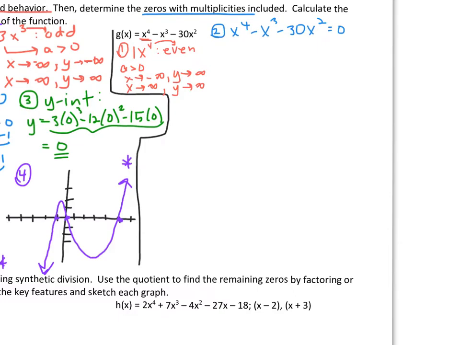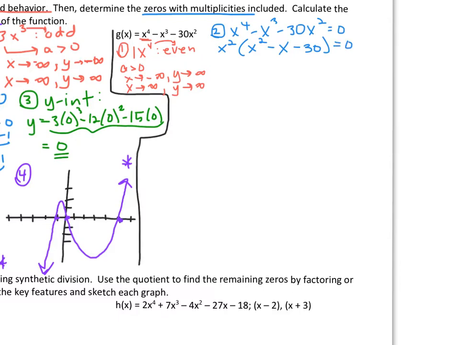The common factor here is actually that x squared value. We can take an x squared out of all three of those terms. For x to the 4th, we'd have x squared left over. X to the 3rd, if we factor out x squared, we'd have a plain x left over, or a linear term. If we factor x squared out of 30x squared, we have minus 30 left over.